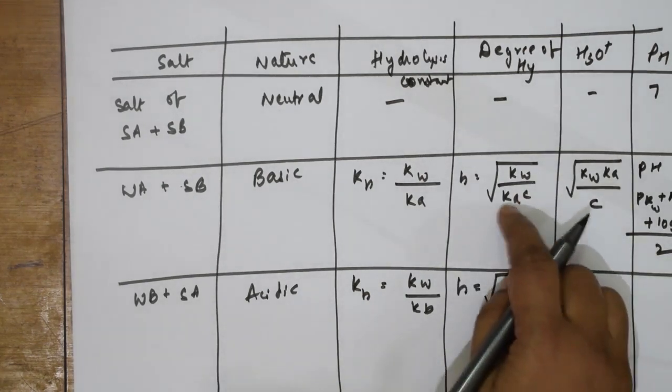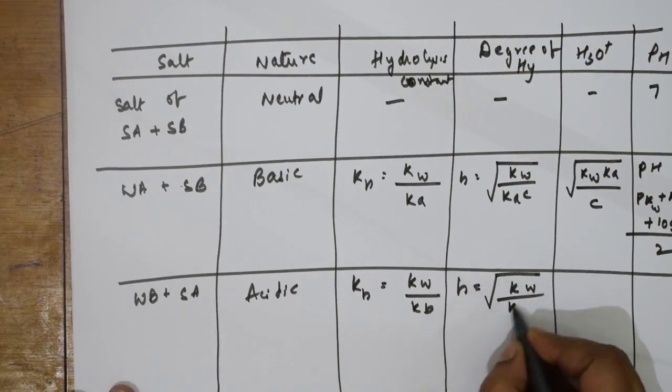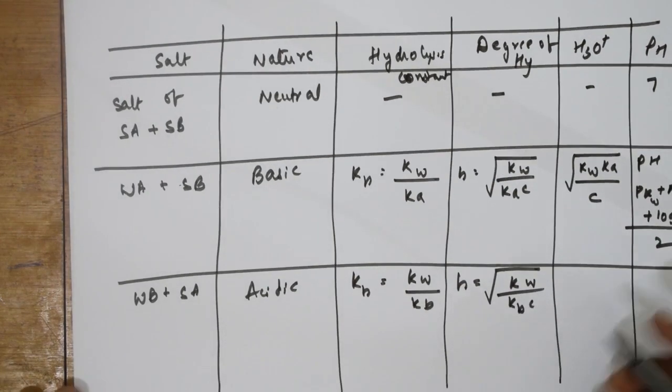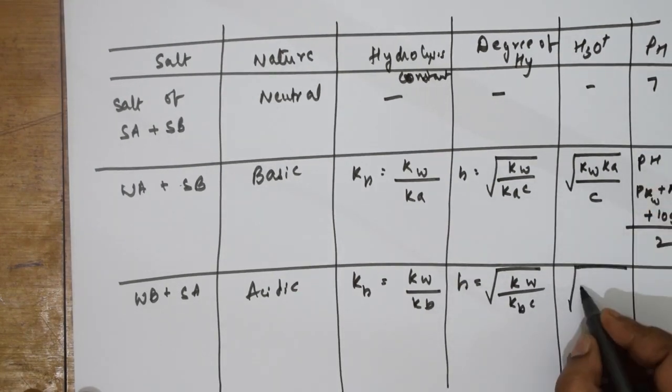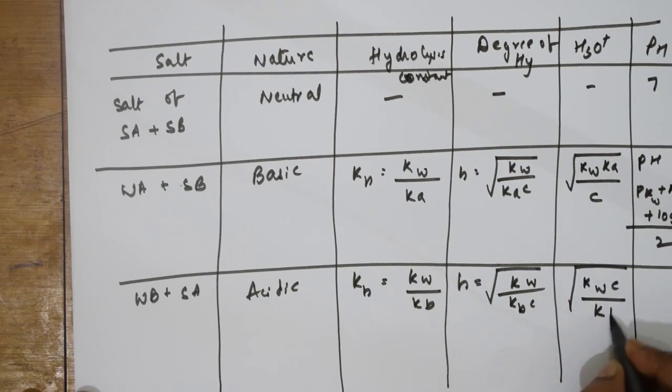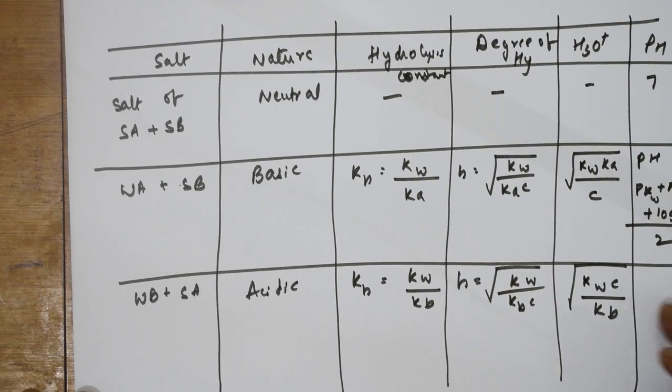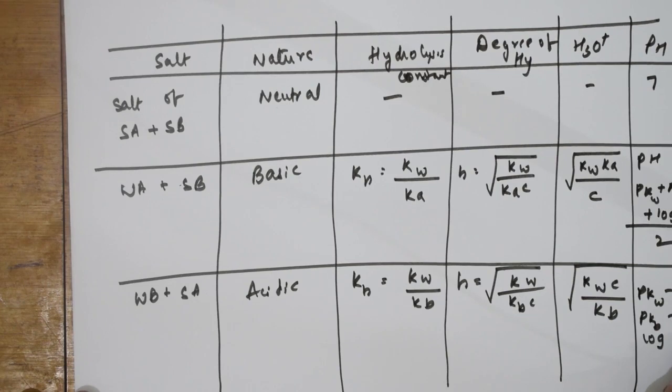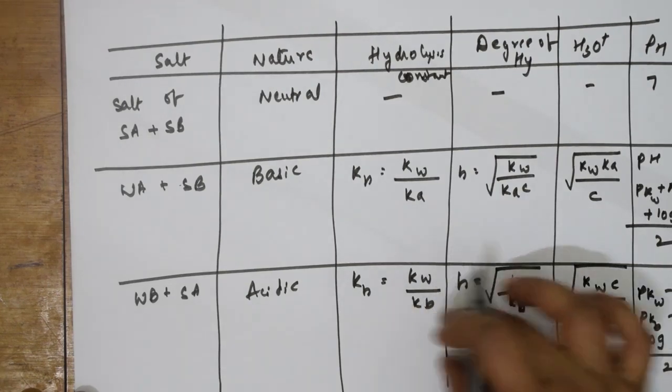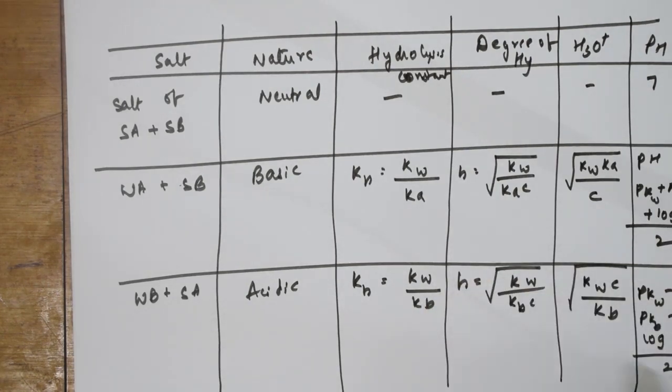You were writing Ka C, here Kb C. H3O plus, same thing, here instead of Ka you will write this, Kw C by Kb. pH would be, formula again, pKw minus pKb, I am just writing the formula here, minus log C divided by 2. This is in one line, I don't have place, so I am writing it here.